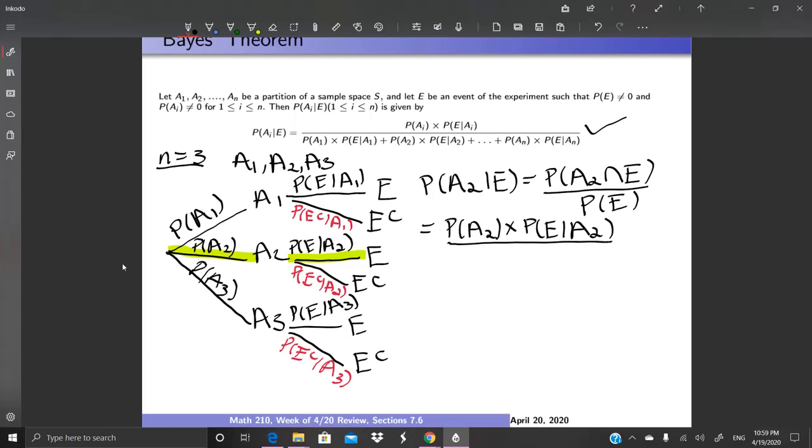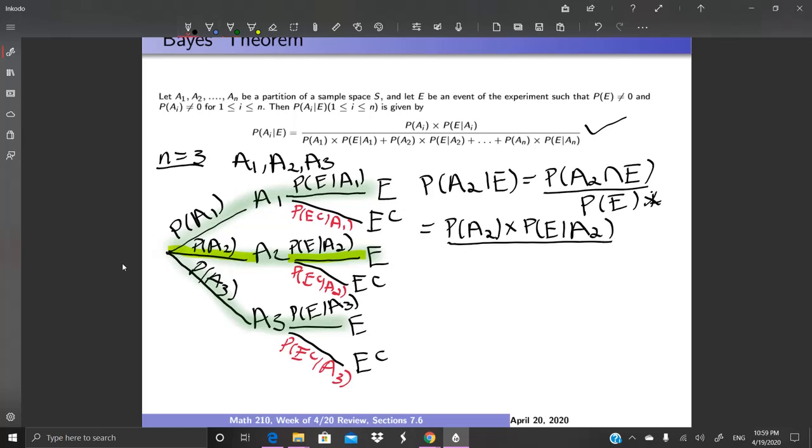And then divide by. So now you want to chase all the branches that get you to E to get the probability of E at the bottom over here. Okay, so how do I get to E? I'm going to do this in a different color. That means you either go along this way and then that way, or you go along this way and then that way, or you go along down this way and then that way to get you to E. And so every time you go down a different branch, you add, but as you go along the branch, you multiply.